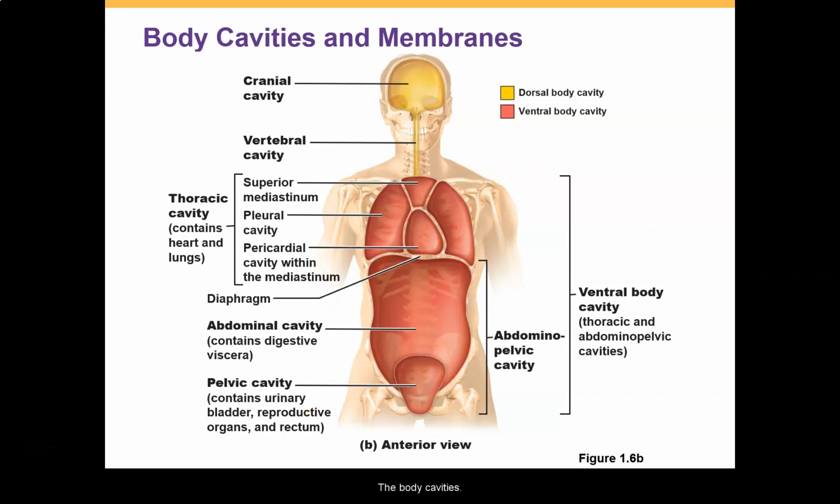So body cavities, their main function is to accommodate organs. If we did not have these hollow spaces inside of our bodies, we would not be able to place organs inside of the body.